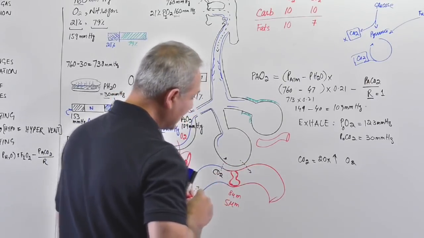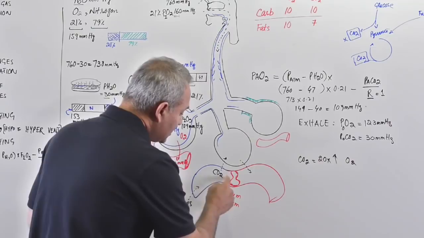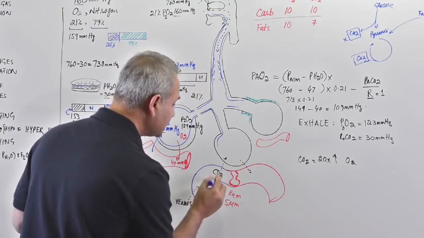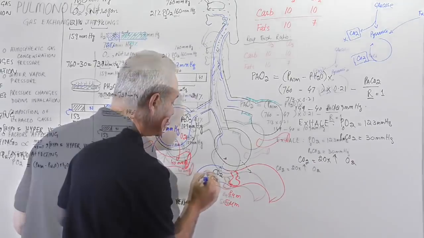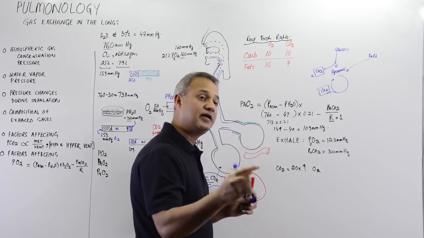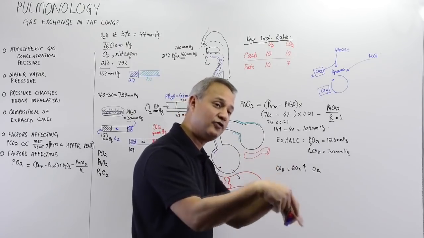Anyways, the pressure that is exerted here in the fluid, please remember this, is not just dependent on the concentration, it is also dependent on the solubility in the fluid.